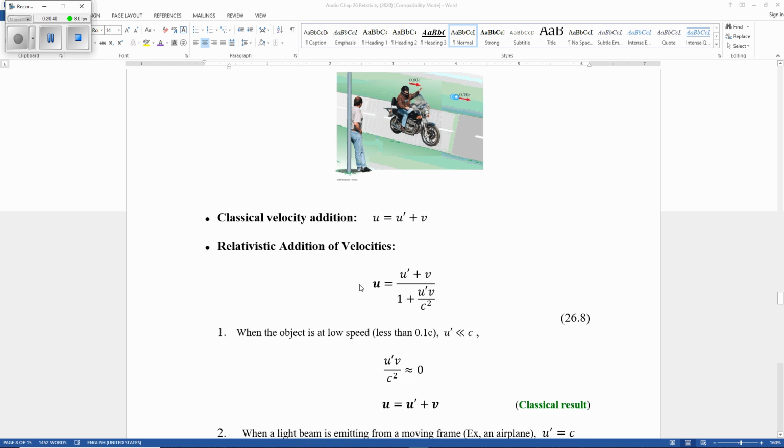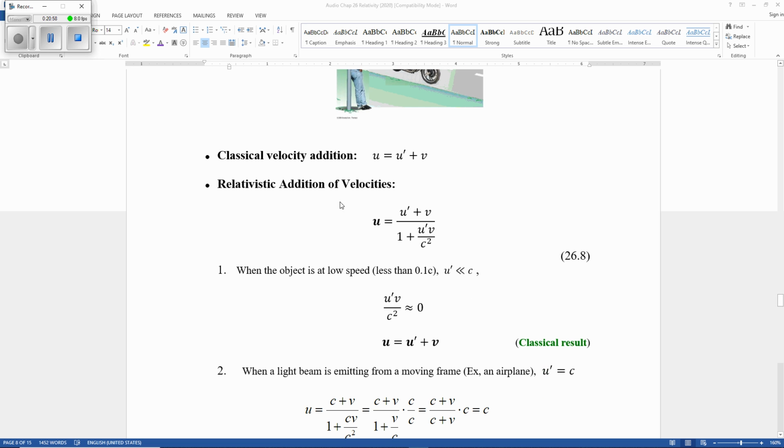Okay, so classical velocity addition. We know this one is not correct for high speed motion. For low speed it is still no problem, but for high speed, what's it going to be? So we use the velocity addition of relativity.